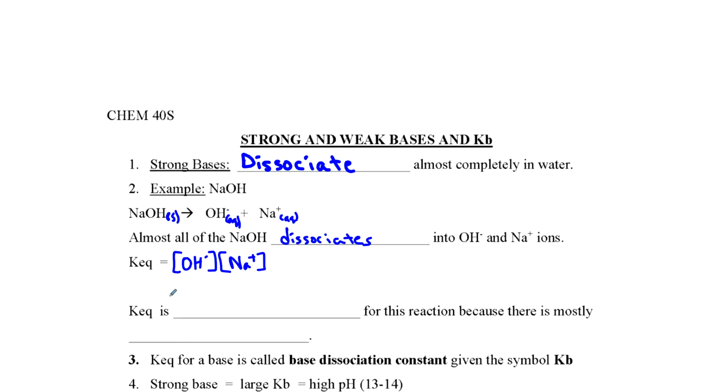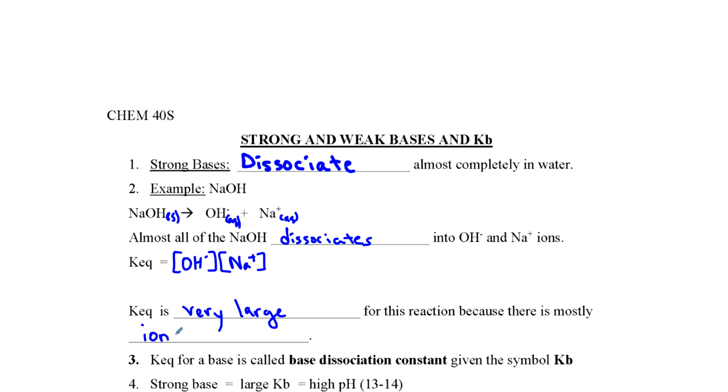And when you calculate that value, for strong bases, and NaOH is one of them, you get a very large value for Keq. The reason for that is because as this reaction progresses, you get mostly ions.